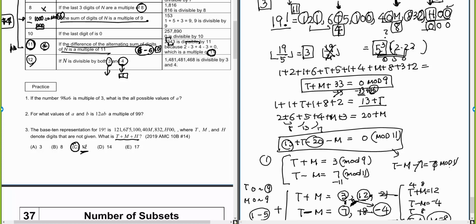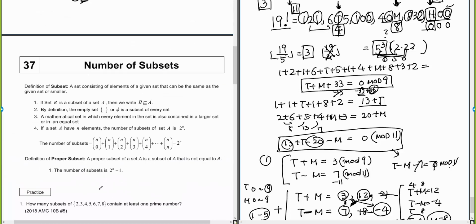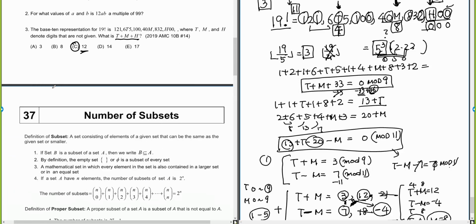We cannot finish subsets today. Subsets are very important. Actually, in my book, there are 48 tips. We did up to number 36, so 12 tips are left, because the book is being updated right now.